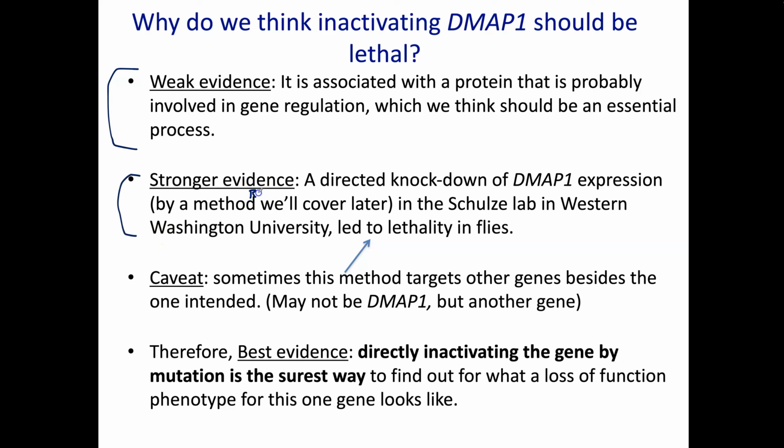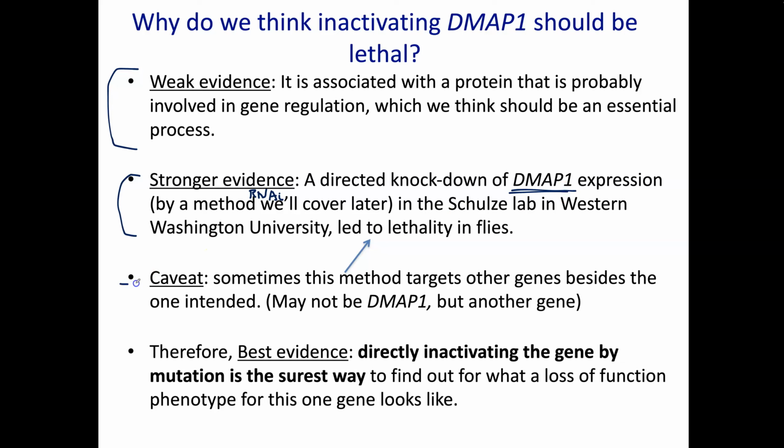Some of you know what RNAi is already, and some of you have not learned about it. But a directed knockdown of the expression did lead to lethality of flies. So this is a way of reducing expression of a particular gene.